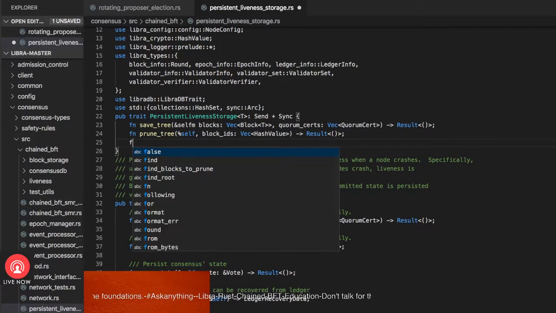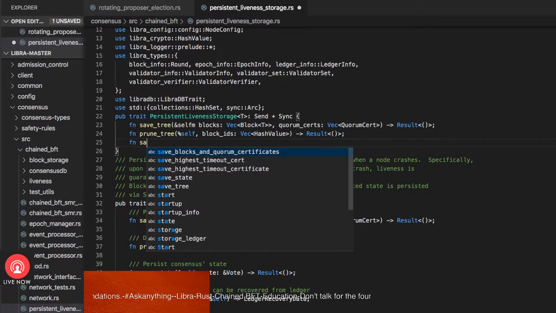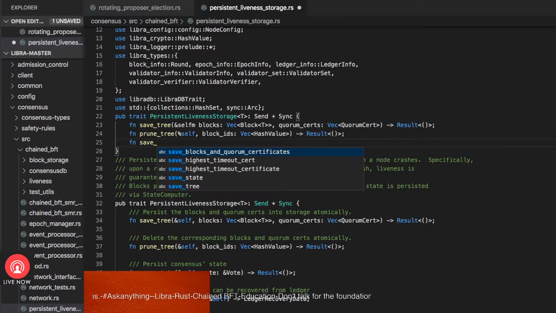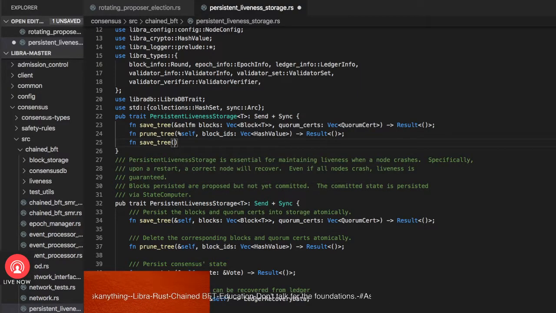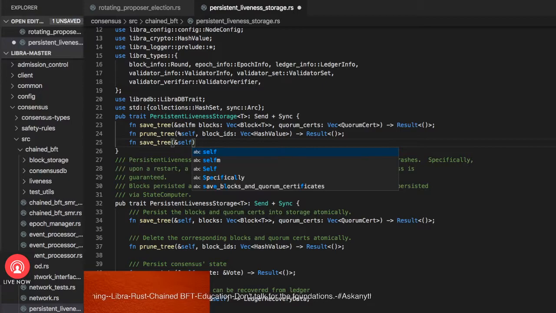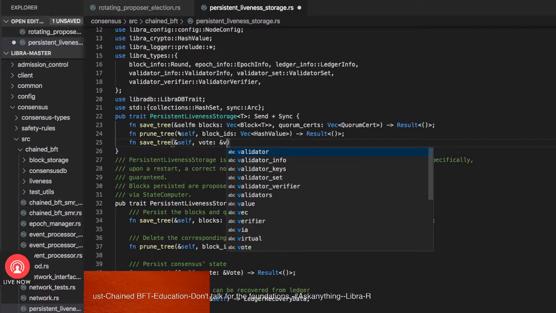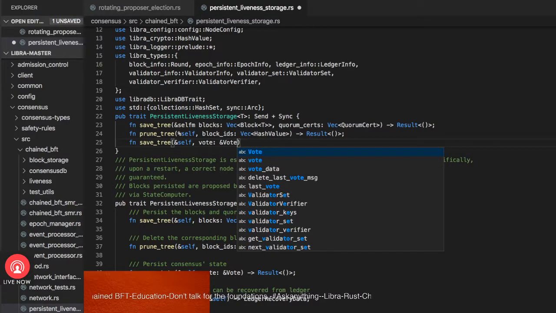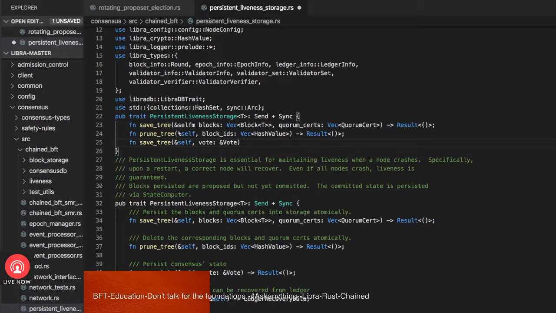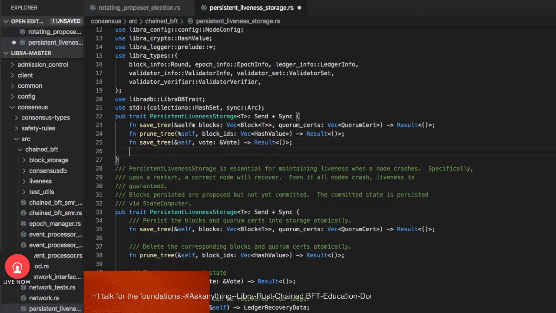Then the function of save tree. It's a self vote. Vote that is a result. And so far the save tree function is for persisting the blocks and quorum certificates into storage atomically.